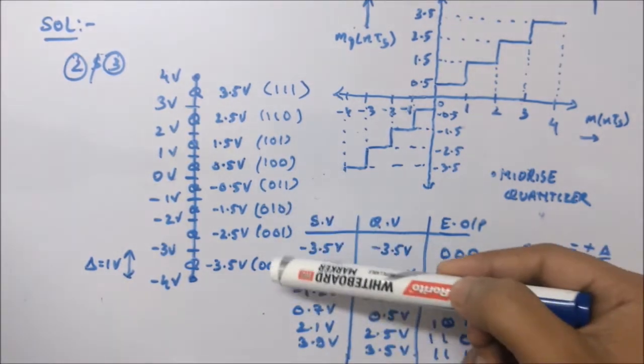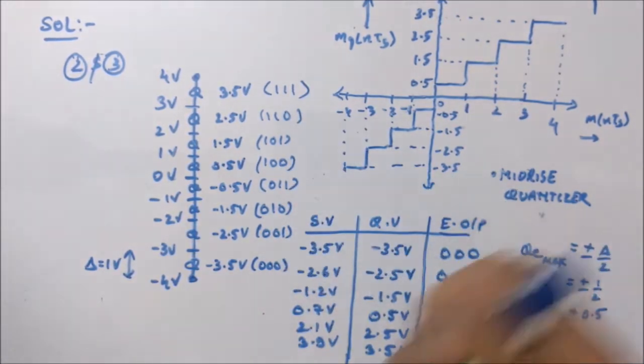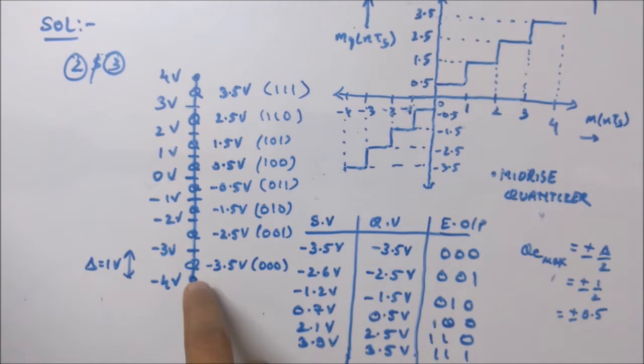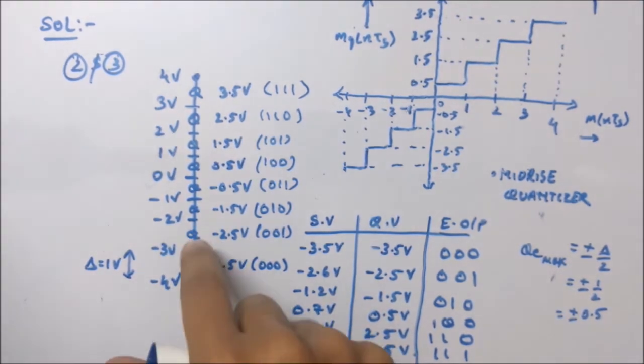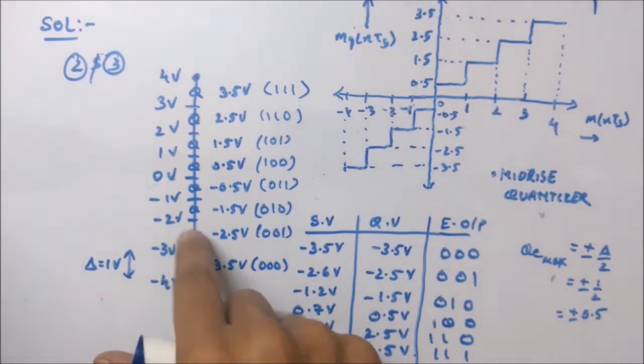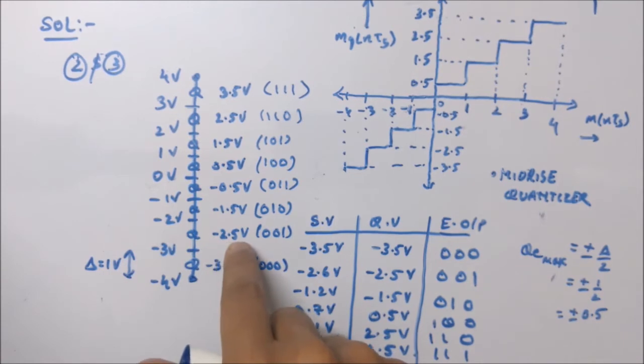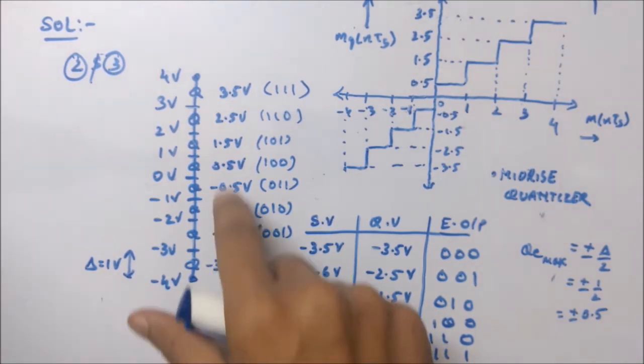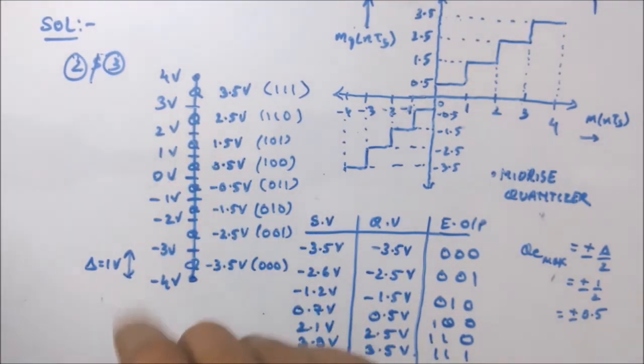So these will be the encoder output. It means if the sample value lies between -4 and -3 volt, the quantizer output will be -3.5 volt. Similarly, if the sample value lies between -3 volt and -2 volt, then the quantized value will be -2.5 volt. Likewise, the quantizer output will come.